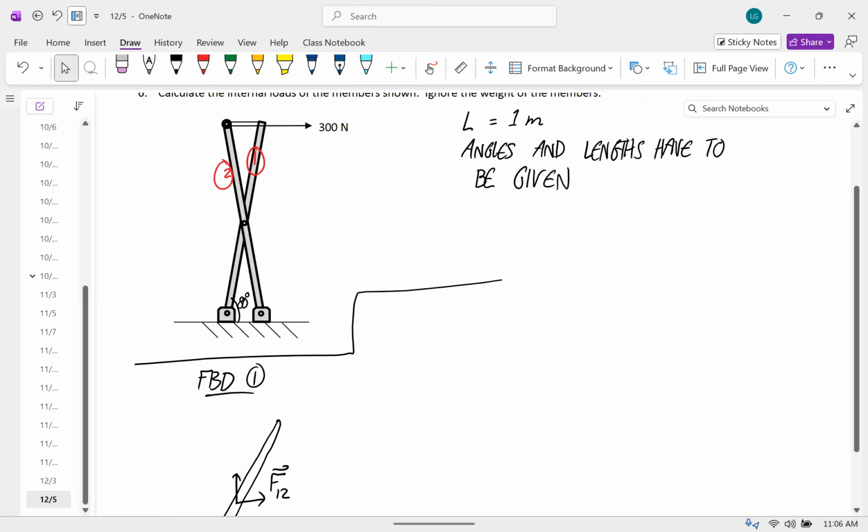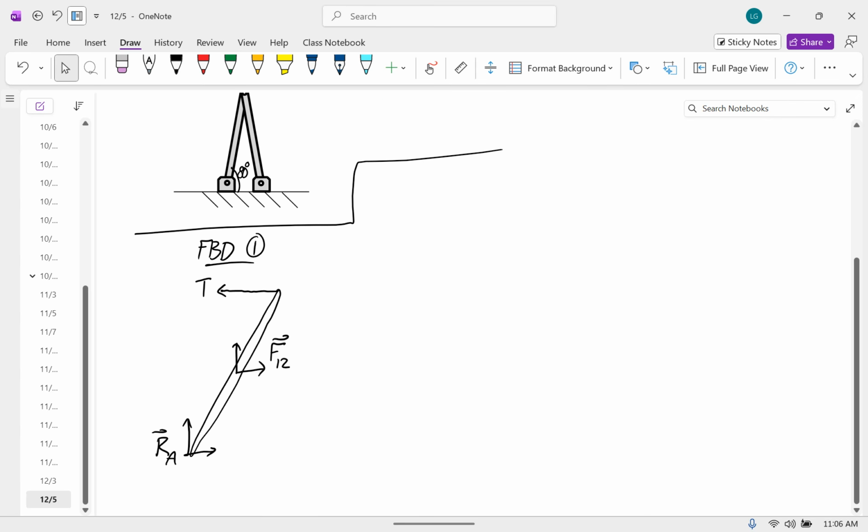And then up at the top, this member is only connected to the cable once, and so you have a force like this. And there's no masses. Anybody have any questions about that? And then I'll use this as my about point.